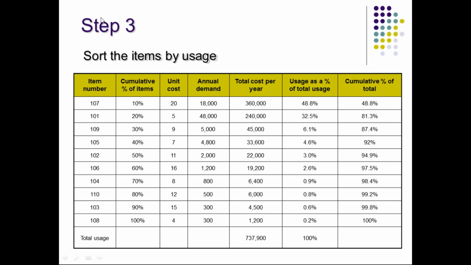Then what is done next? We need to calculate the cumulative percentage, that is 48.8 over here. Then this will be 48.8 plus 32.5, that is 81.3. Then again 81.3 plus 6.1, and we keep calculating the cumulative percentage, and finally it will be 100%.